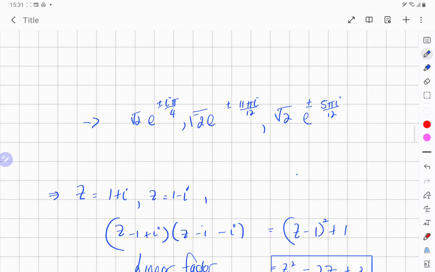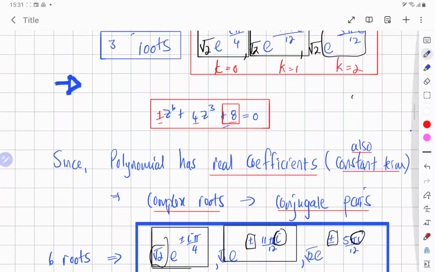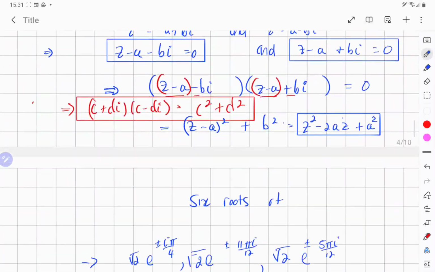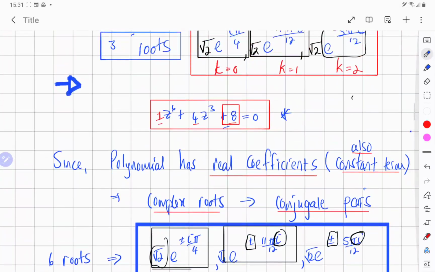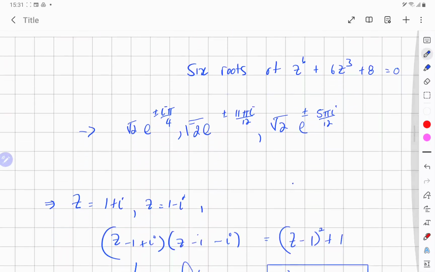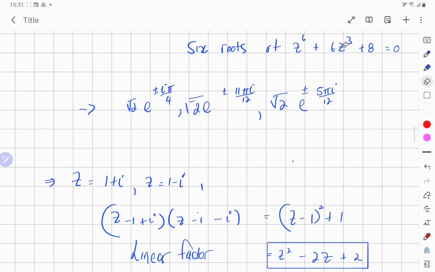So here we have our 6 roots of, remember what our equation was, z to the 6 plus 4z cubed plus 8 is 0.